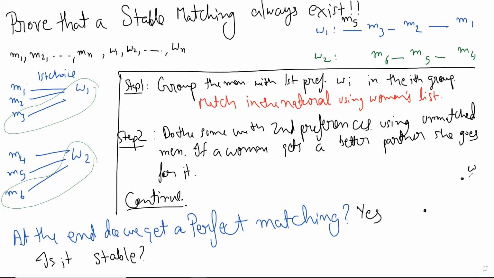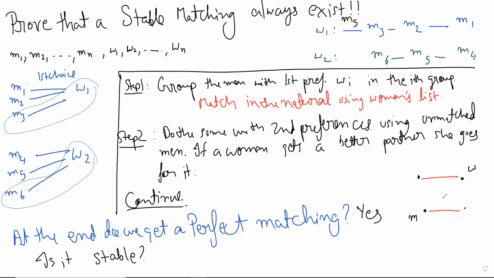Okay. So if there is a woman and there is a man, and let's say, yeah, so what you're saying seems correct, but let's write it. So if there is M and W, can it create a problem with the current matches? So if W is matched with, so now if W prefers M more, no, but Raghav, you are arguing from the algorithm's perspective, but in general, is it stable?